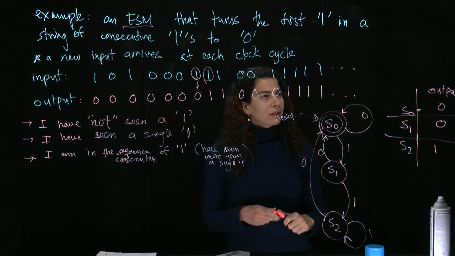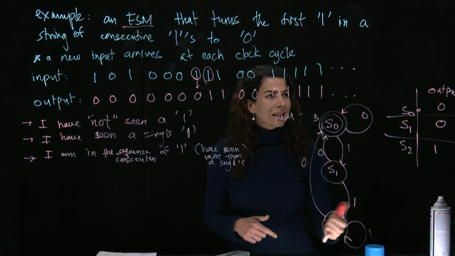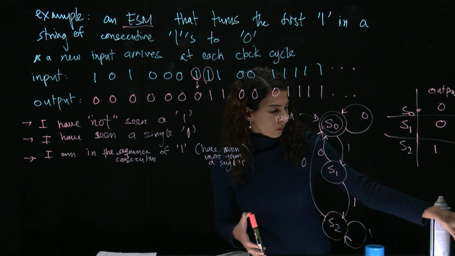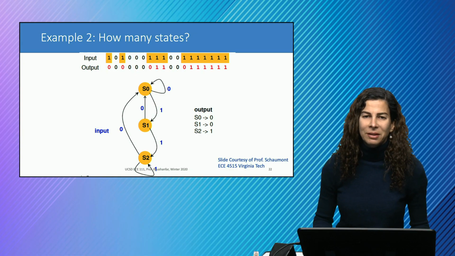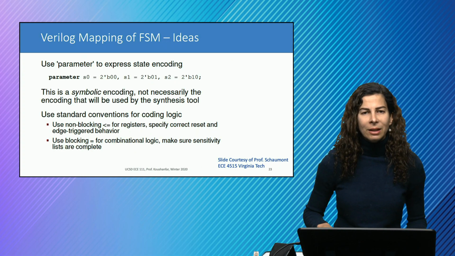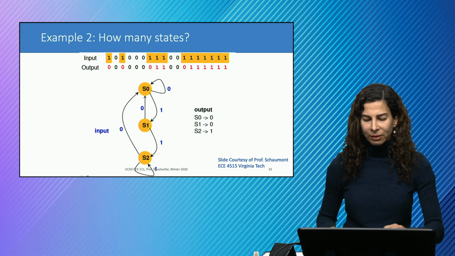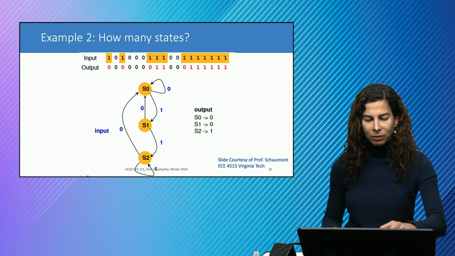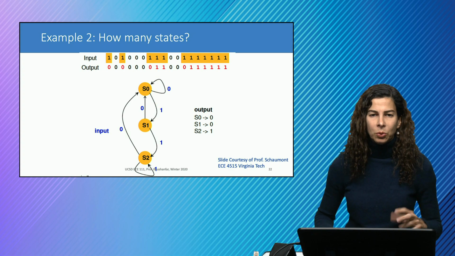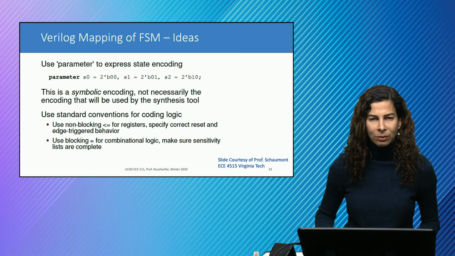So now that we've designed the finite state machine, let's see how this looks in SystemVerilog. Here on the slide I have the same thing I just drew on the board. If we have these 3 states, we could use parameters, and because it's 3 again, we can use 2 bits to define 3.